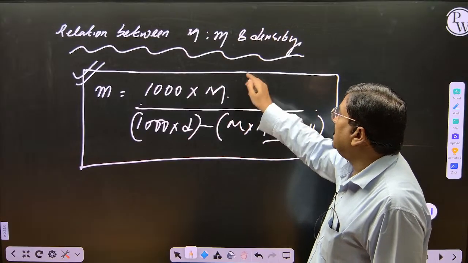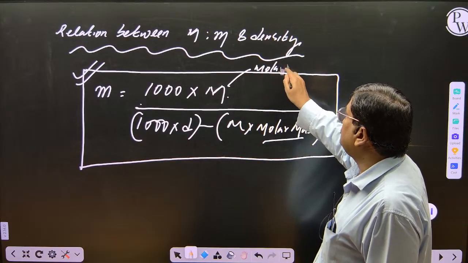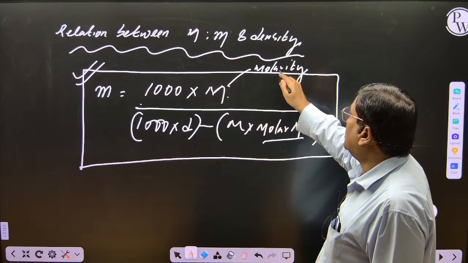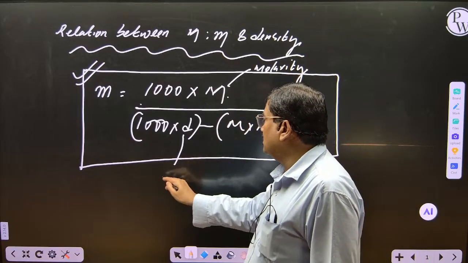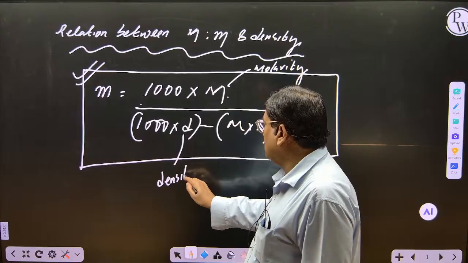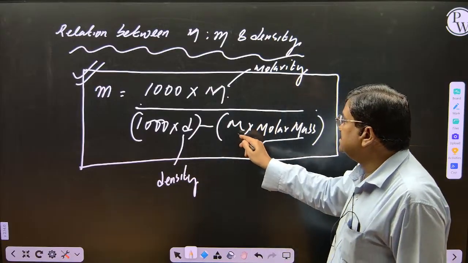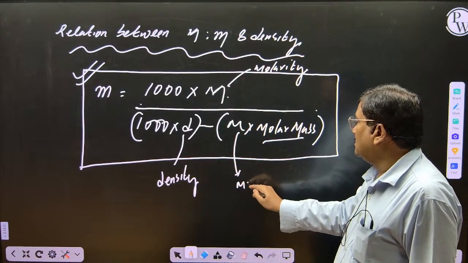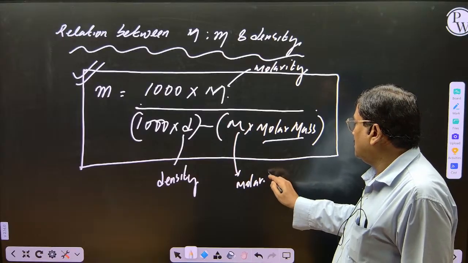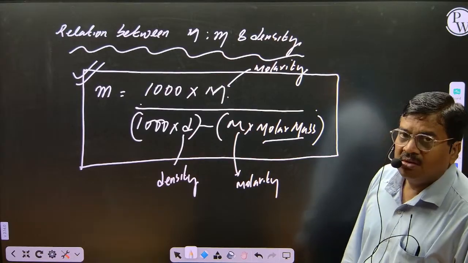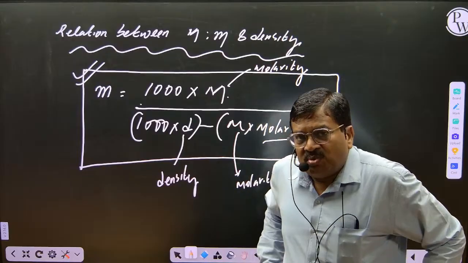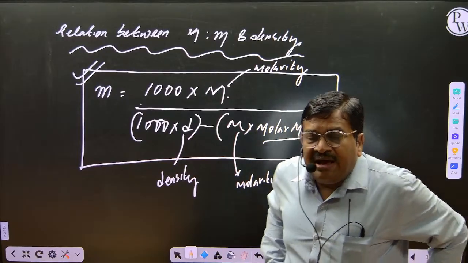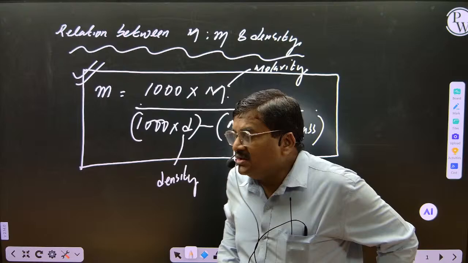Copy this. Capital M is molarity, small d is density, and this capital M is molarity. So this is important, students. So the relation between molarity and density.